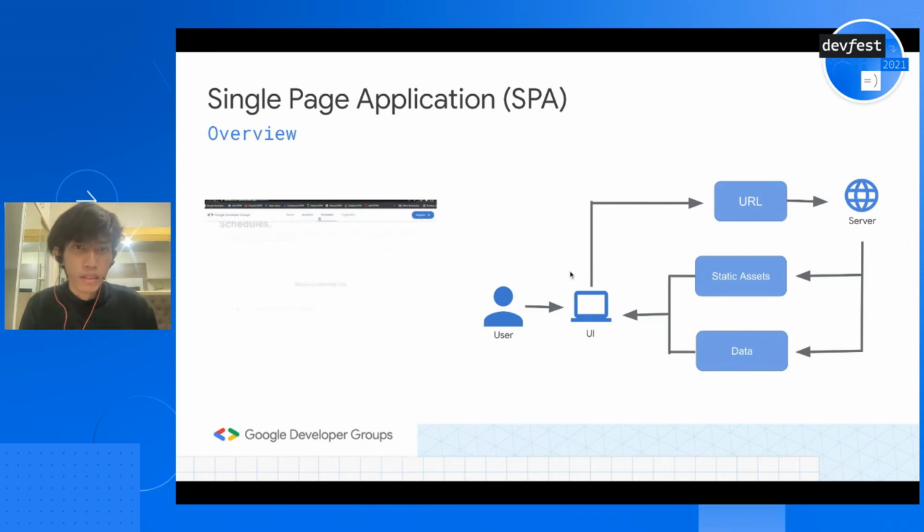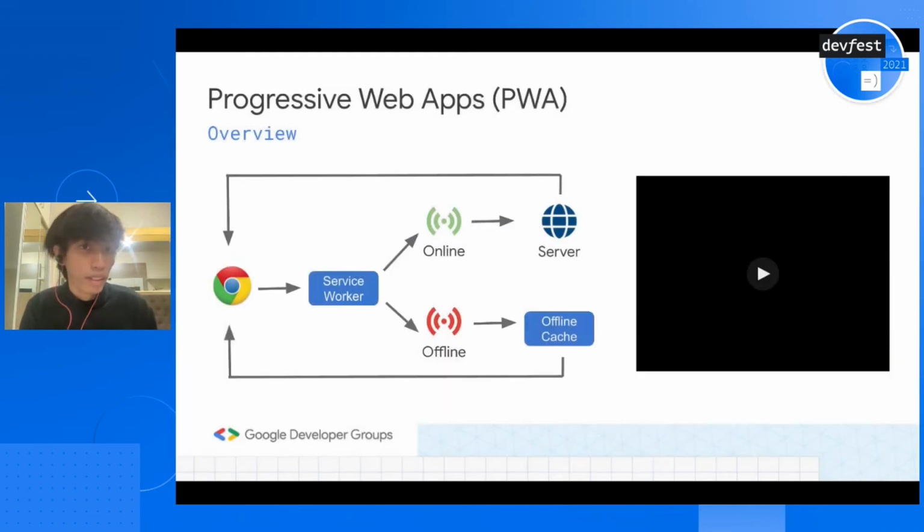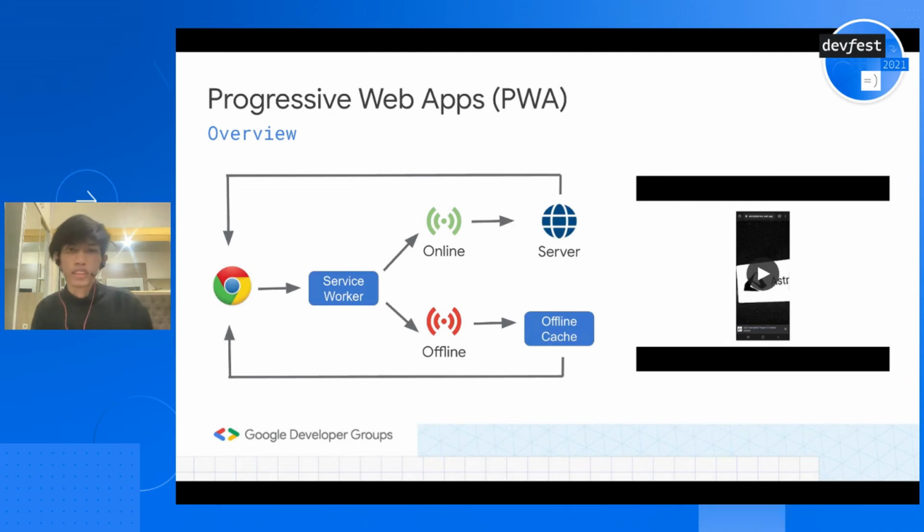And then the next one, maybe we haven't talked about PWA. So this is how PWA works, generally, as a big concept overview. As we can see, if you're accessing a website, there's a service worker, and this is a really smart worker because it can decide when to fetch the data online and when to fetch the data offline using cache.